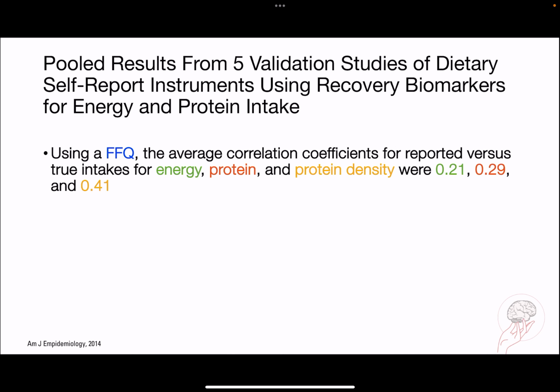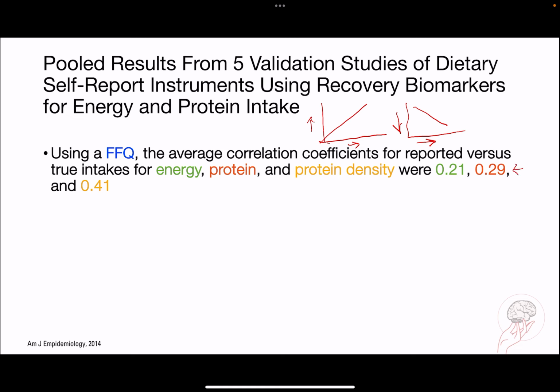Using a food frequency questionnaire, the average correlation coefficient, so remember, a correlation coefficient is very similar to a line. If it's positive, it means that they both increase together. If it's negative, it means as one increases, one decreases. So these are all positive, so they're positively correlated.